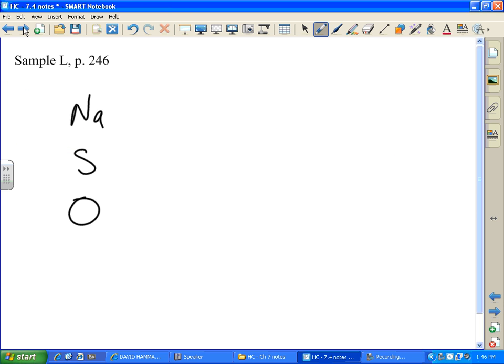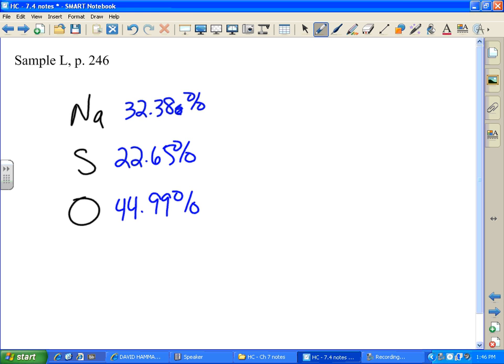All right, next, we're going to look at a sample problem on page 246 of the book. As you can see in the book there, they're talking about the analysis of a compound that has 32.38% of sodium, 22.65% sulfur, and 44.99% oxygen.